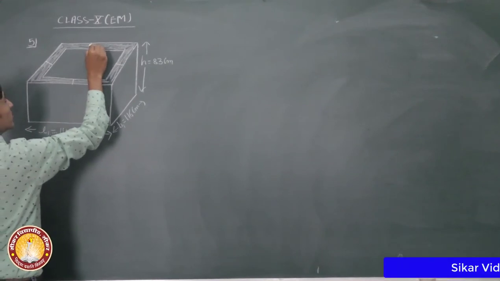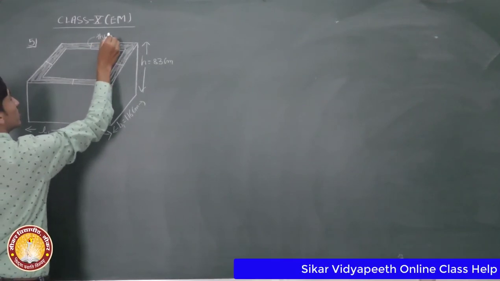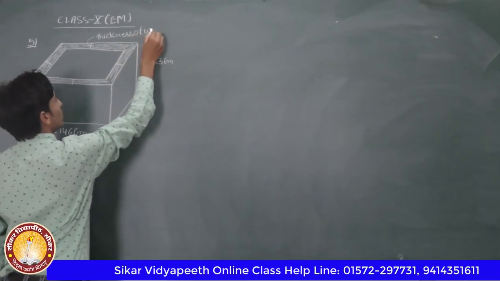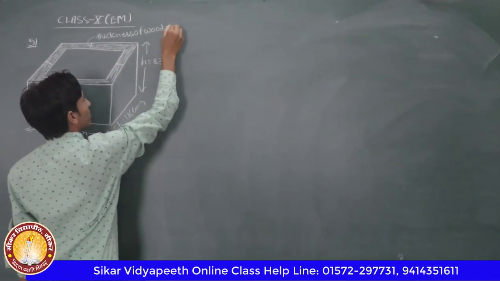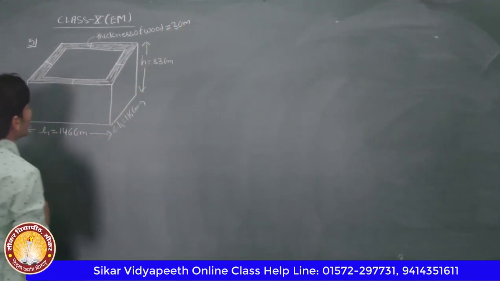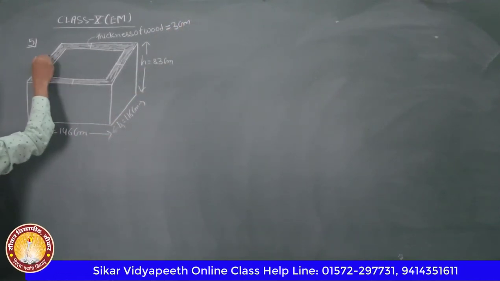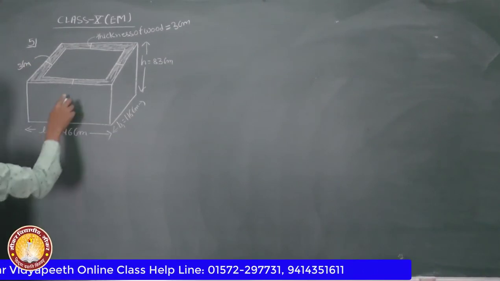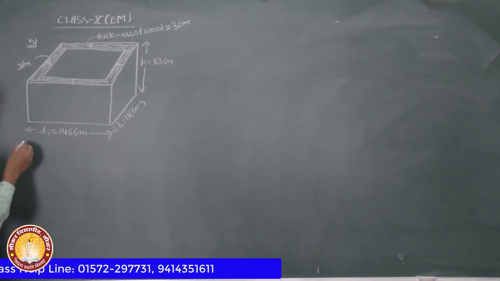That is, thickness of wood is equal to 3 centimeter on all sides.